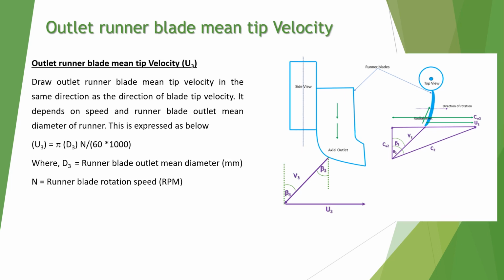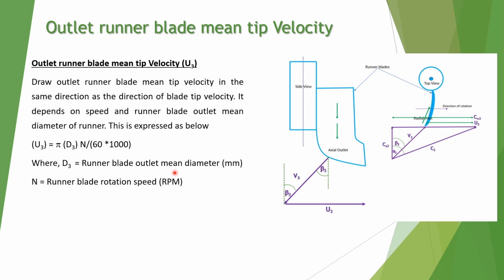So now draw the outlet runner blade mean tip velocity in the same direction as the direction of blade tip velocity, and it again depends on the speed and the diameter of the runner blade outlet mean diameter. So U3 is equal to pi d3 into n upon 60.